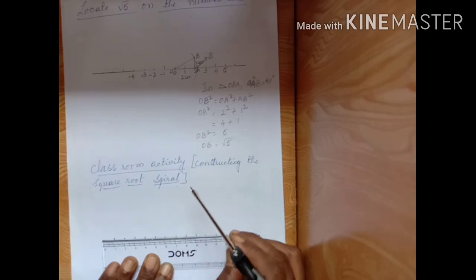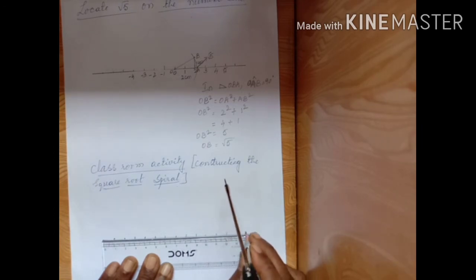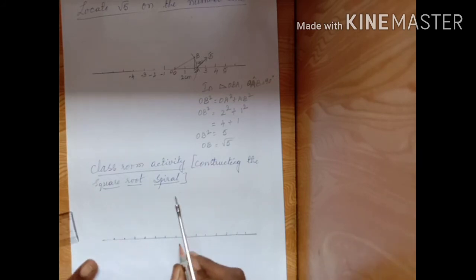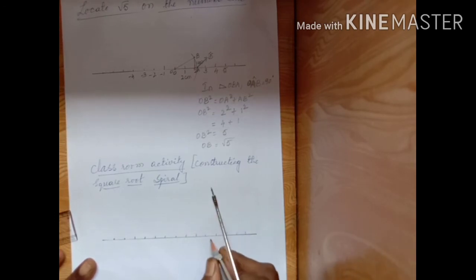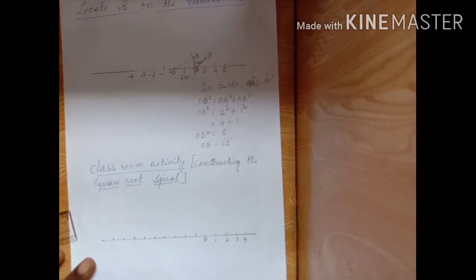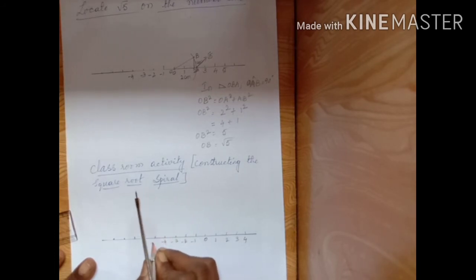Now let me write here 0. 0 1 2 3 4 like that. On this side -1 -2 -3 -4 -5.